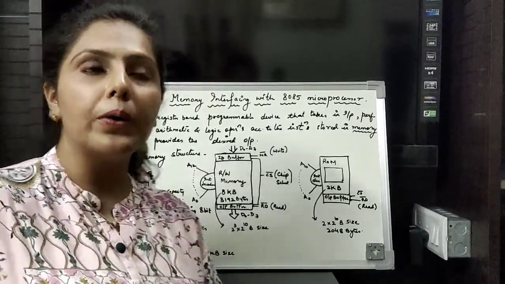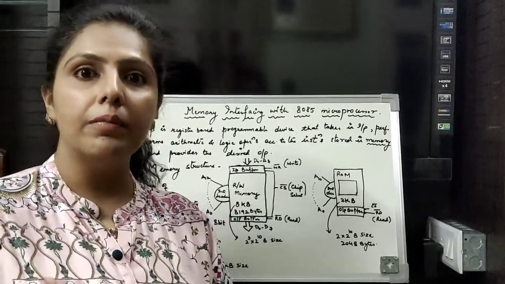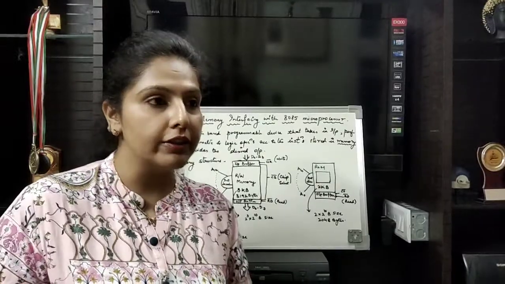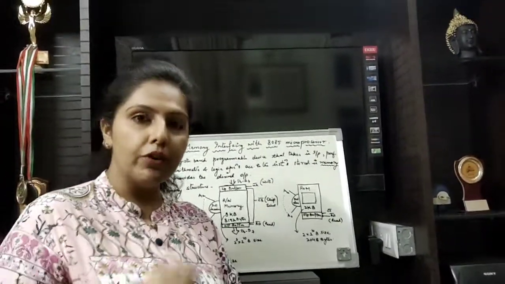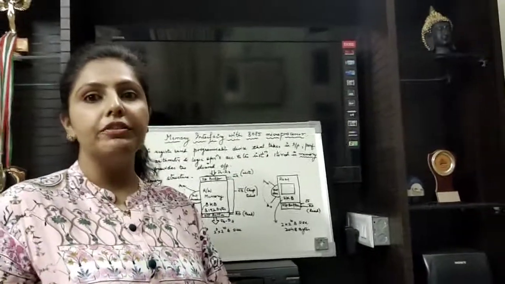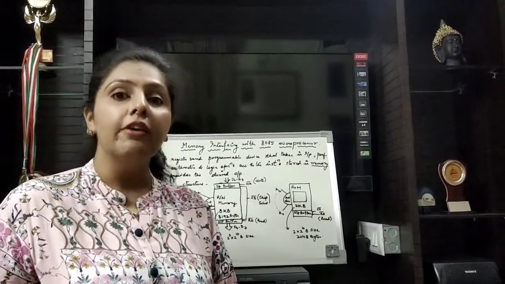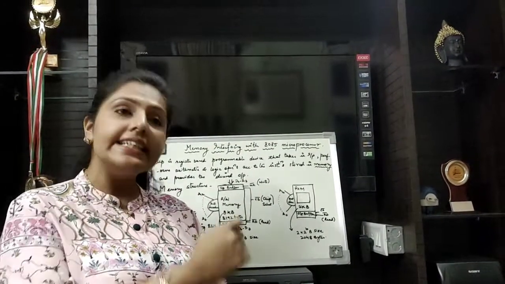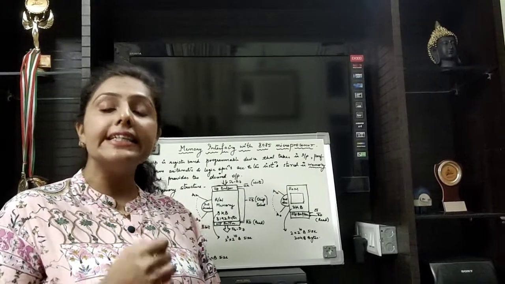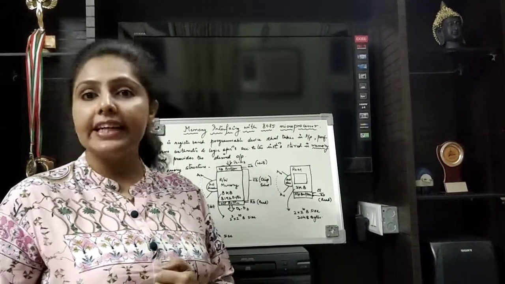Nowadays, if we purchase a mobile phone, what do we tell the vendor? We tell the vendor that we want a mobile phone which has more and more memory. Why is it so? Because we want a phone which is fast enough. So by increasing the memory or the storage capacity, we can increase the speed of the gadget.